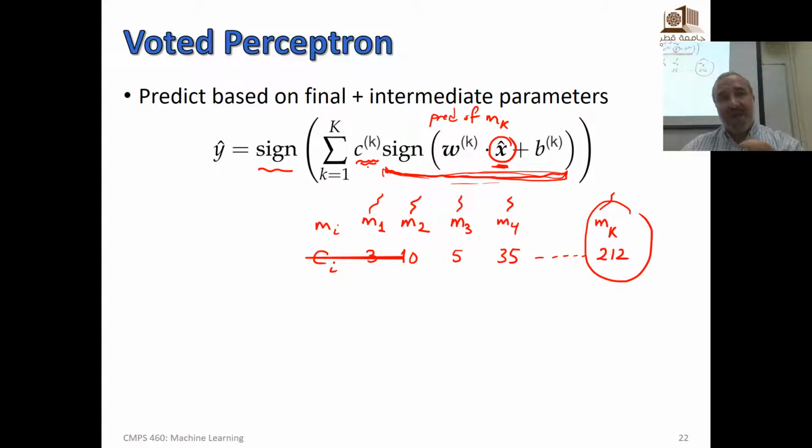But now the prediction value depends on all the models that we learned, not just the final one. Because I have multiple models. Yes, we are using multiple models to get the final prediction. So we are keeping all of these models, actually. All of these models have to be kept to be used in prediction, not just the final one.